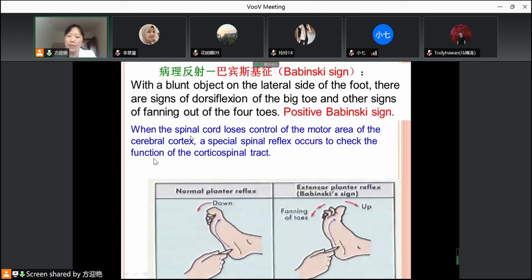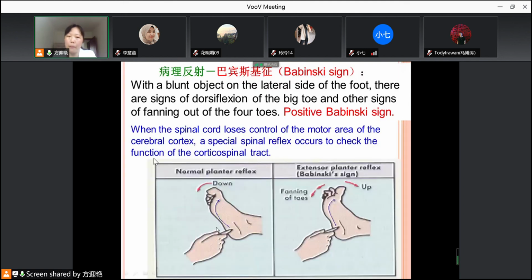Then, with a blunt object on the lateral side of the foot, you stroke along it.